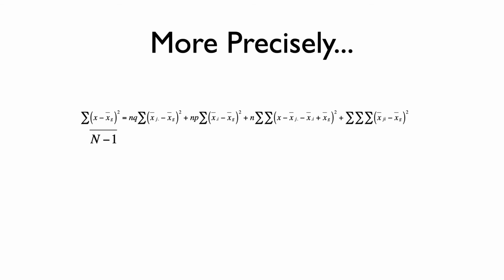It was number of treatments minus 1. Well, we've got 2 of those. Levels of A minus 1, levels of B minus 1. That's our degrees of freedom.